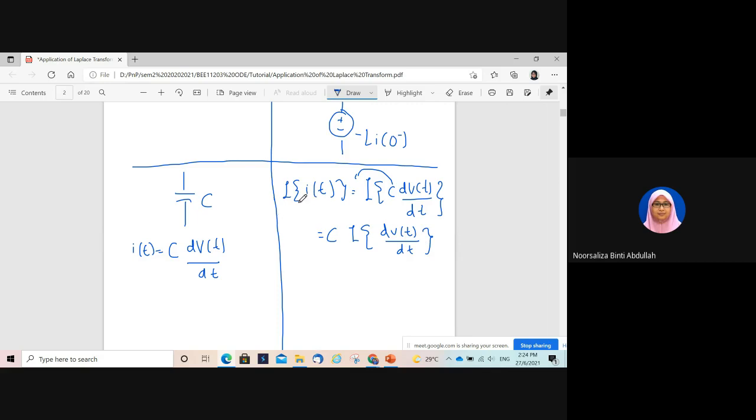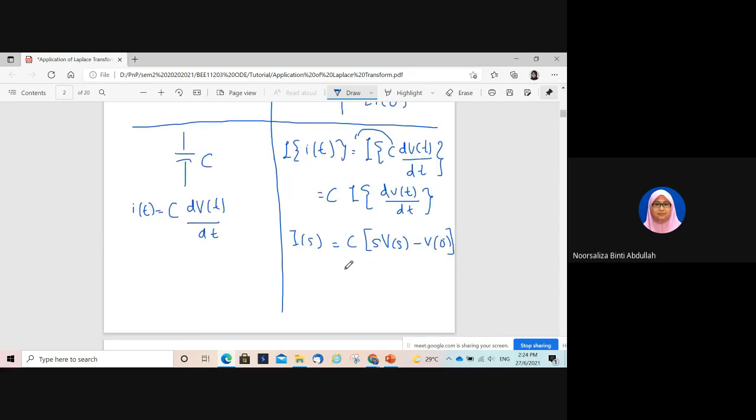If you Laplace i(t), you will get I(s) equals to C, and you Laplace dv(t)/dt, you will get sV(s) minus V(0), so CsV(s) minus CV(0).